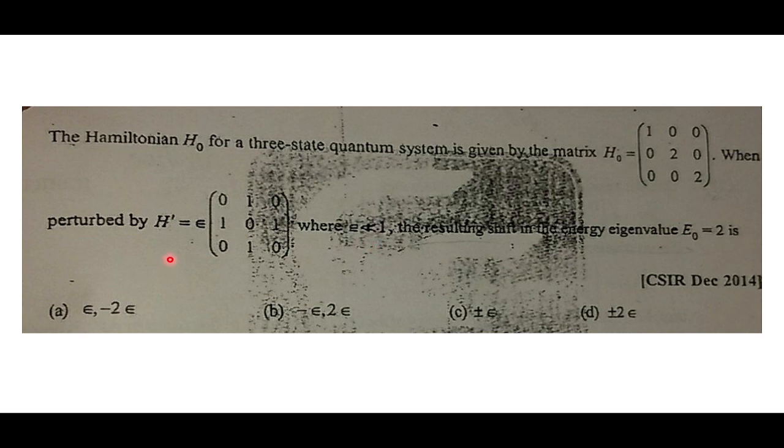That's obvious because your perturbation should be small if you want to apply perturbation theory. The resulting shift in the energy eigenvalue E naught equals 2 is: option A is epsilon, minus 2 epsilon; option B is minus epsilon, 2 epsilon; option C is plus minus epsilon; and the last option D is plus minus 2 epsilon.